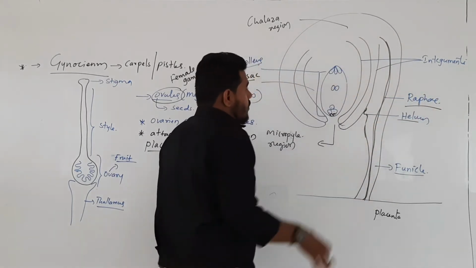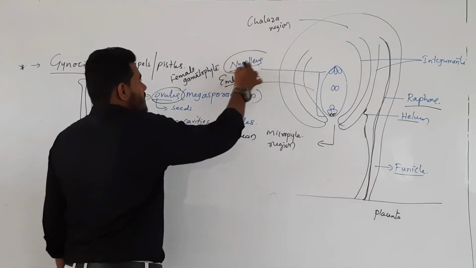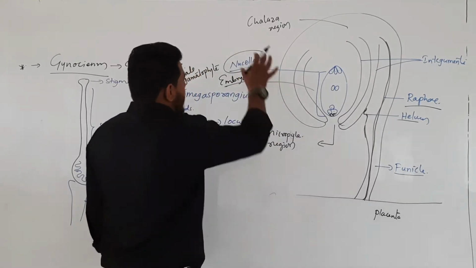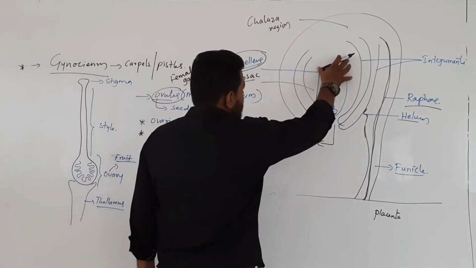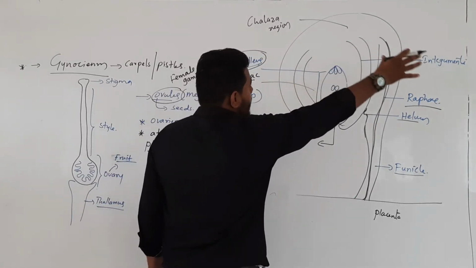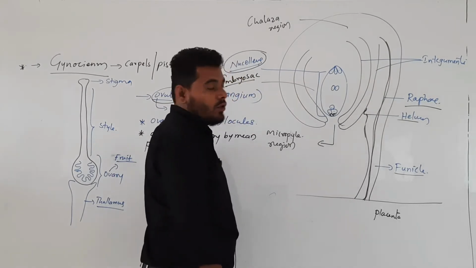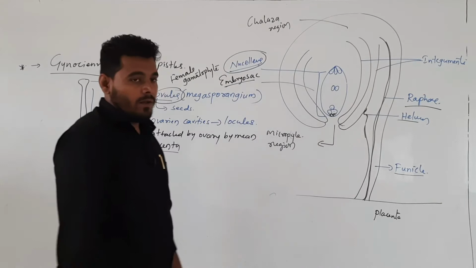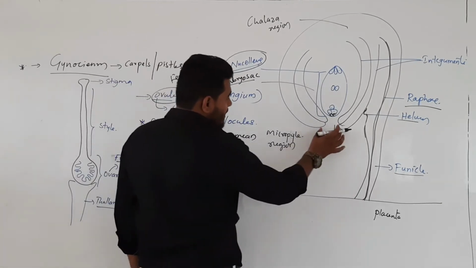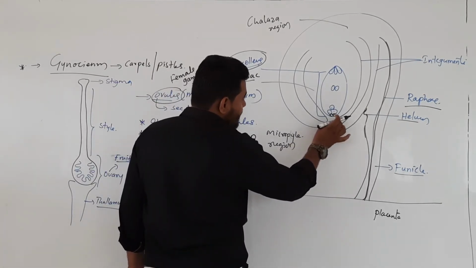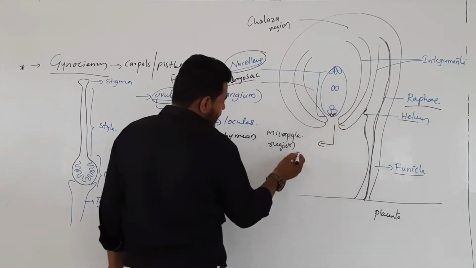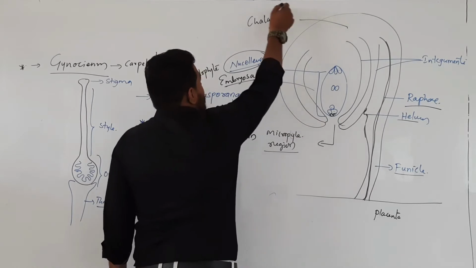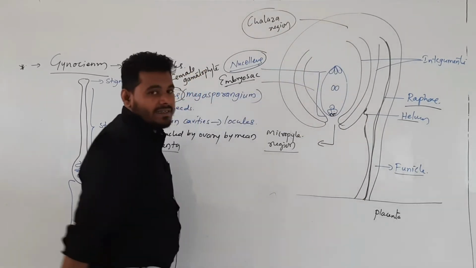Inside the ovule you will get nucellus, a nutritive tissue that contains parenchymatous cells, and the nucellus is enclosed by two layers called integuments. This is outer integument and this is inner integument. Both integuments are joined and leave a space at a particular place. That region is called micropyle, and opposite to the micropyle is the chalaza region.